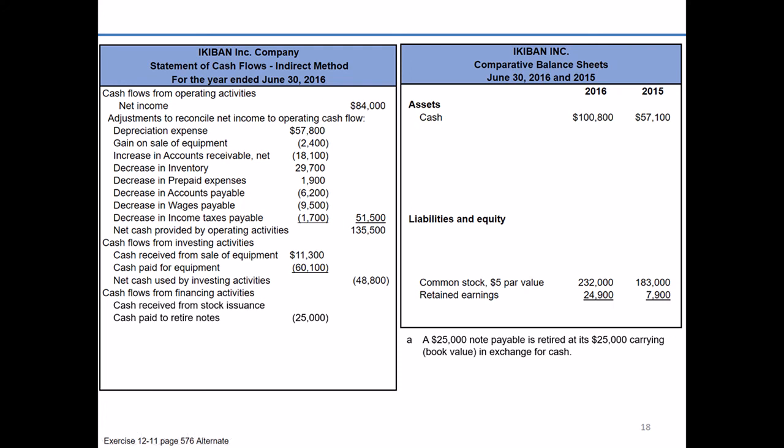So the company started with an ending balance in 2015 of $183,000. It increased to $232,000 in 2016. Again, not seeing any information to the contrary, we'll assume they sold stock for cash in the amount of the difference, and that difference is $49,000. Again, $232,000 minus $183,000. The difference is an inflow of $49,000.